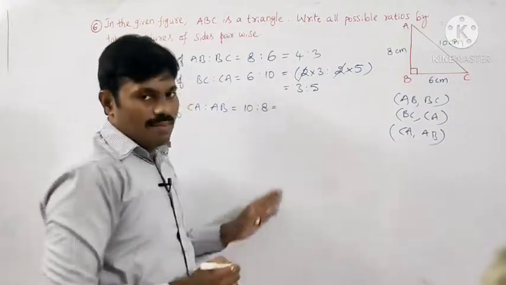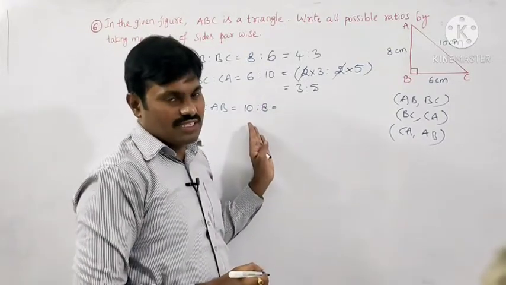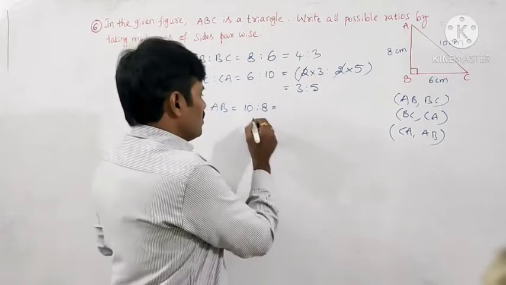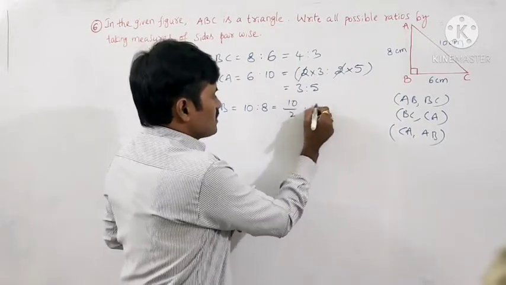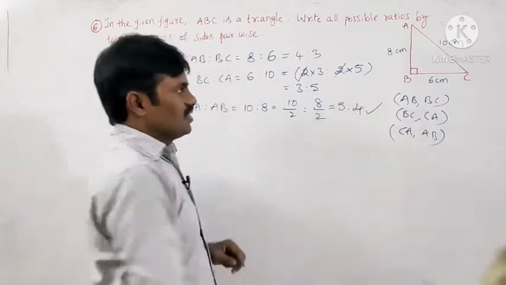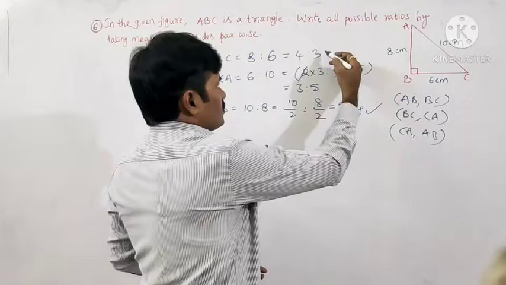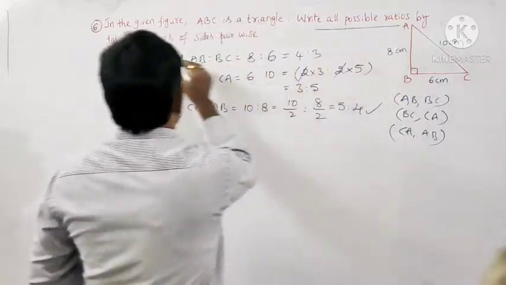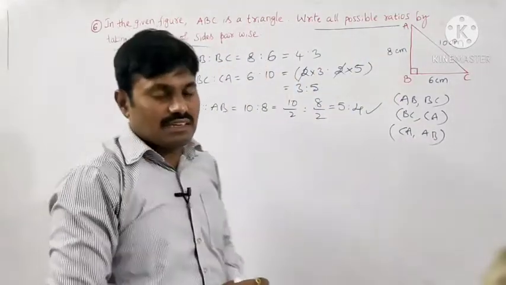So here also common table, clearly 2 table. The HCF of 8 and 10 is 2. So if you divide by 2, it becomes 10 by 2, 8 by 2, that is equal to 5 is to 4.